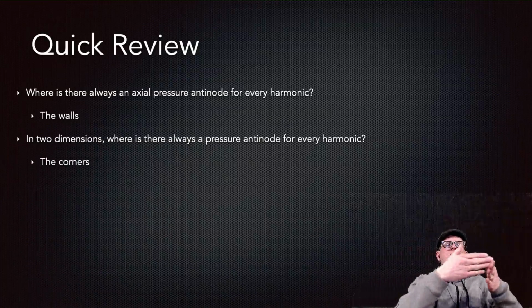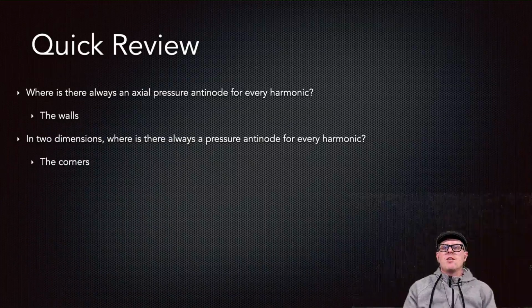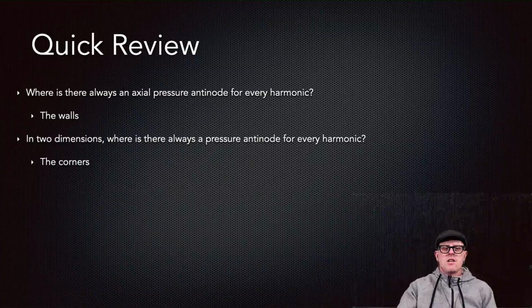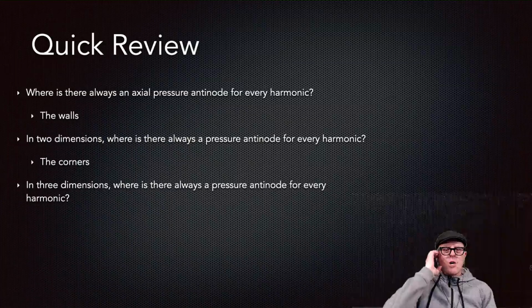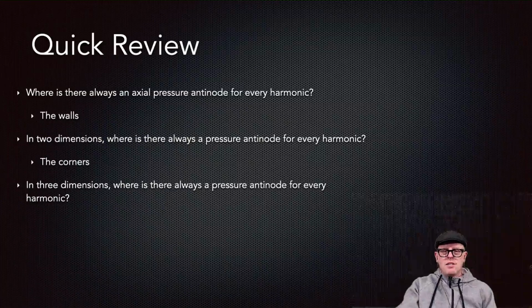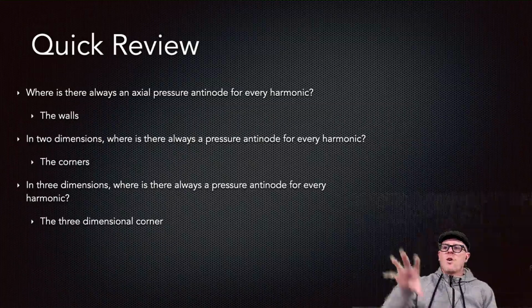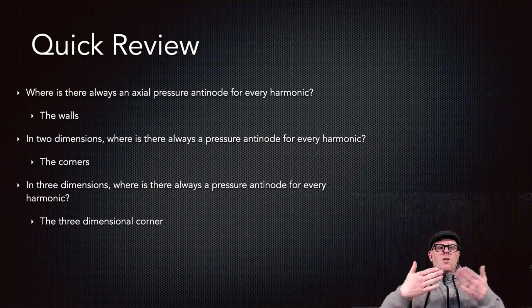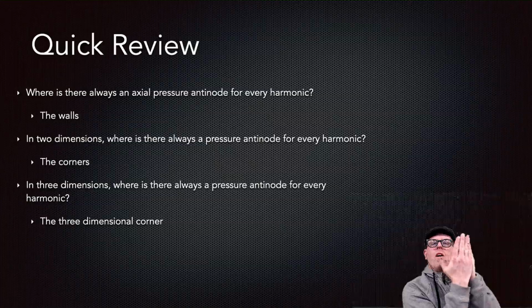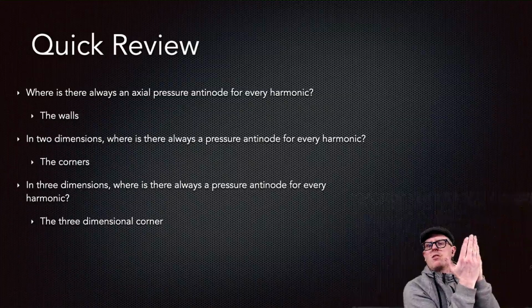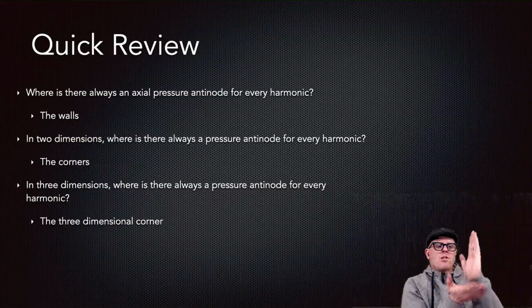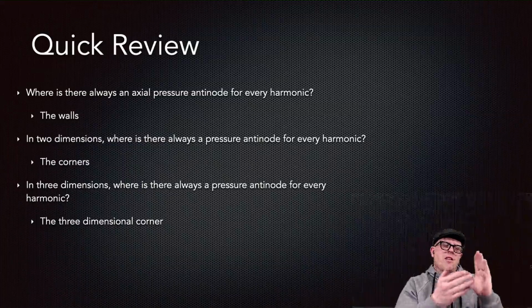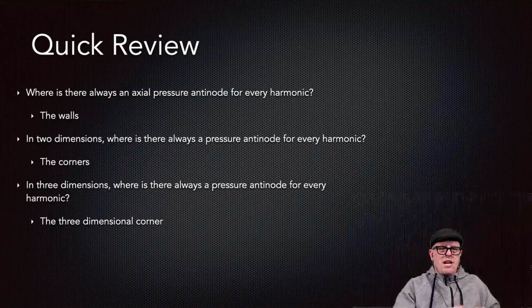Where the walls intersect, there's always a pressure antinode in the corners in two dimensions. So how about in three dimensions, where is there always a pressure antinode for every harmonic? The three-dimensional corner. When I say a corner could be at the edge of a wall, where two edges meet, that's a two-dimensional corner. But a three-dimensional corner is where the floor, the ceiling, the front wall, and the side wall intersect.